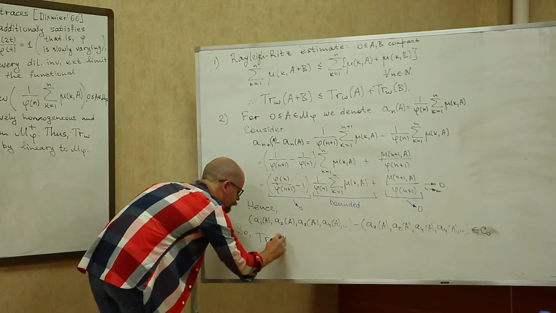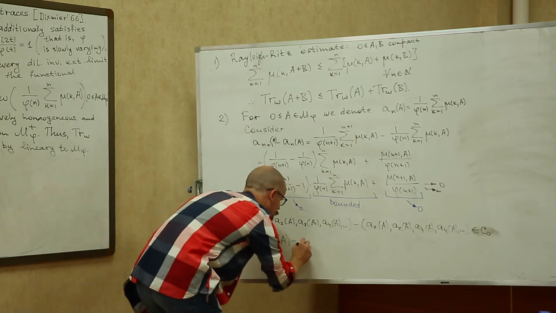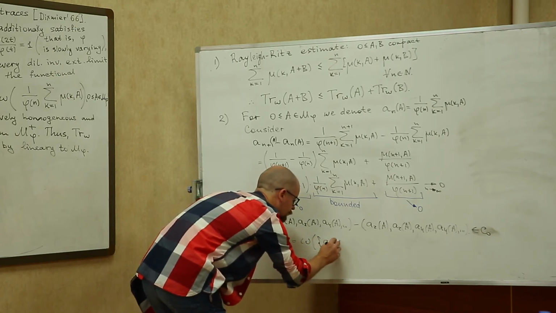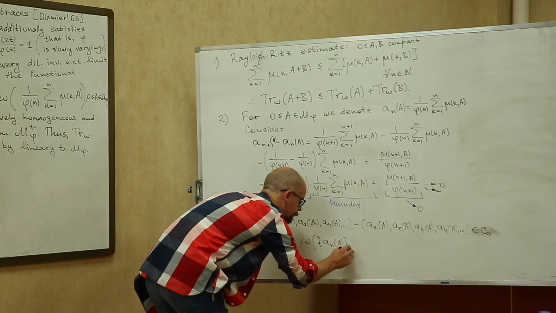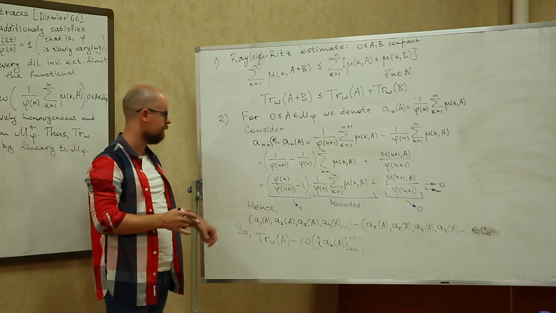Trace omega of A, by definition, equals omega of A of A. So simply by definition, nothing else.